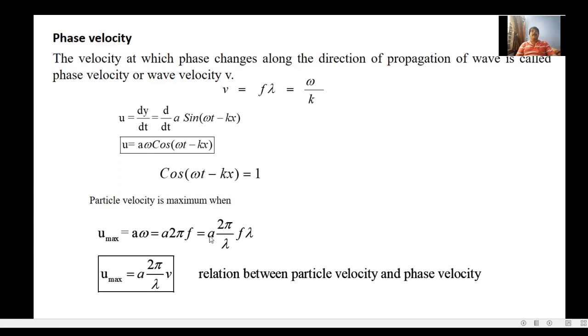Here we get a × 2π/λ × fλ. We know that fλ = v. Therefore, u max = a × 2π/λ × v. So this gives the relation between the particle velocity and the phase velocity.